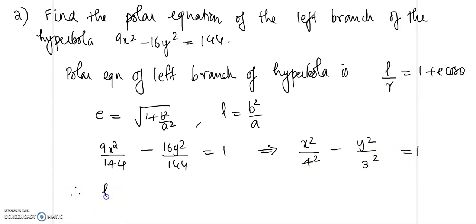So therefore here L will be equal to b square by a, that will be equal to 9 by 4, and e will be root of 1 plus b square by a square, that is root of 1 plus 9 by 16, which will be equal to 5 by 4. So e will be equal to 5 by 4 and L is equal to 9 by 4.